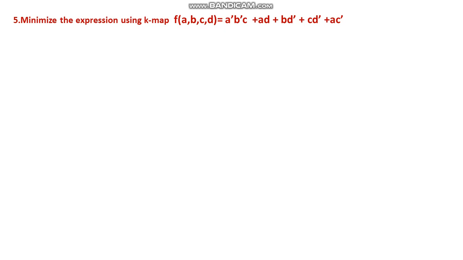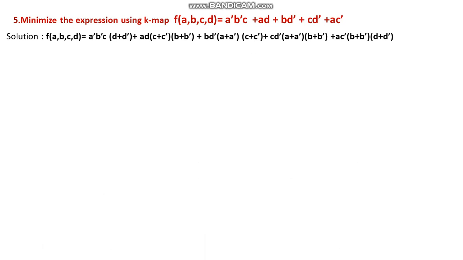Okay, so we have to bring this into a canonical form, then we can apply the K-map, right? Remember, while solving a K-map or using the Quine-McCluskey method, the expression should be in a canonical form. Okay, right? So we will first bring this into a canonical form.